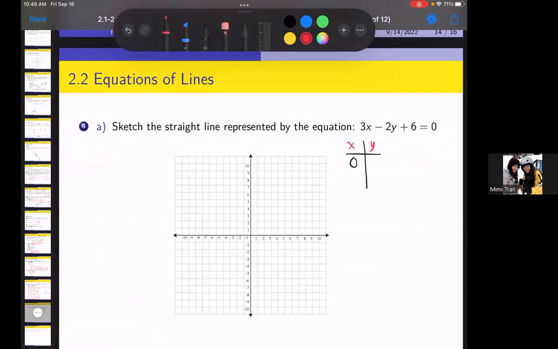So pick 0 for x, plug into the equation. That means this one is gone. Move the 6 to the right, so negative 6 divided by negative 2 is positive 3. So y is positive 3. All right, I need another one, so I'm going to pick 0 for y. Pick 0 for y, then this one is gone. Move 6 to the right, negative 6 divided by 3 is negative 2.